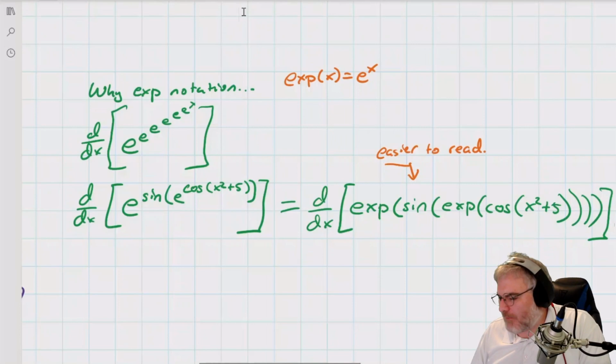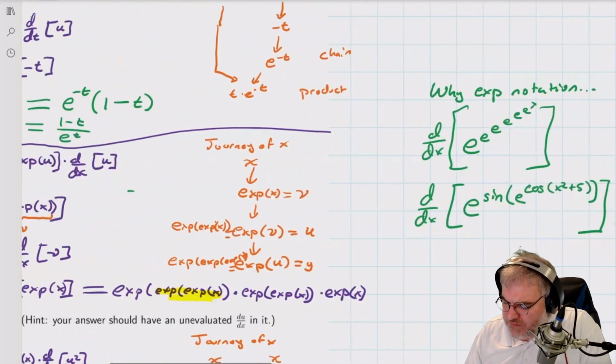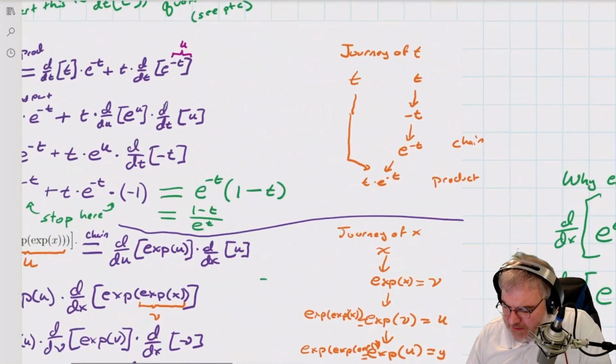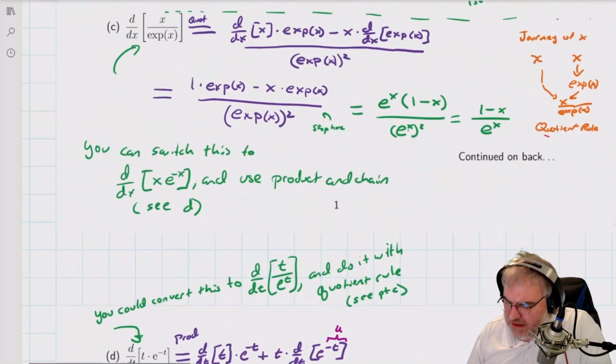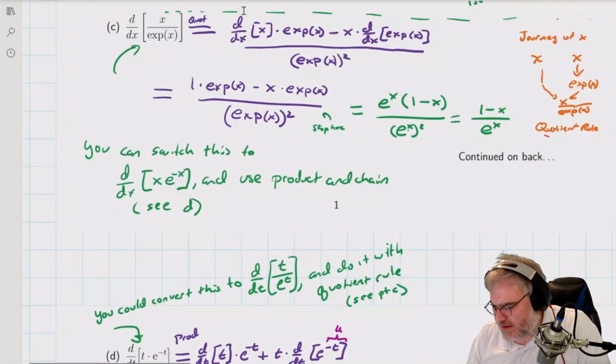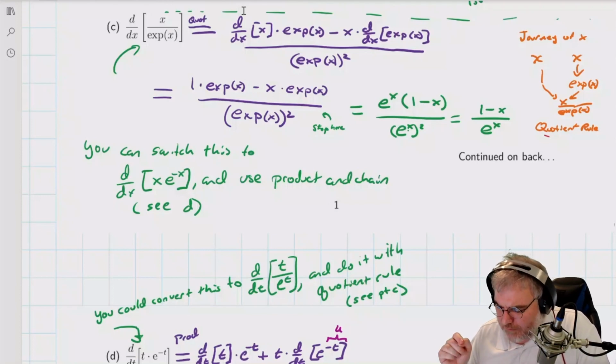If you open up a bio textbook or a pharmacokinetics textbook, this function right here that we did in C and D is everywhere in statistics and in pharmacology, pharmacokinetics, because it's in a bunch of the distributions, and it's in medicine everywhere because this is the expression with a bunch of constants in there.